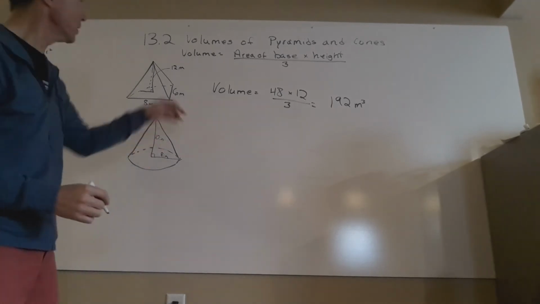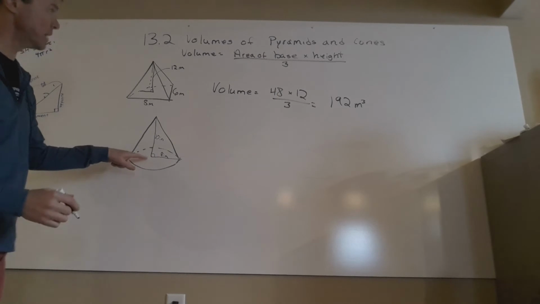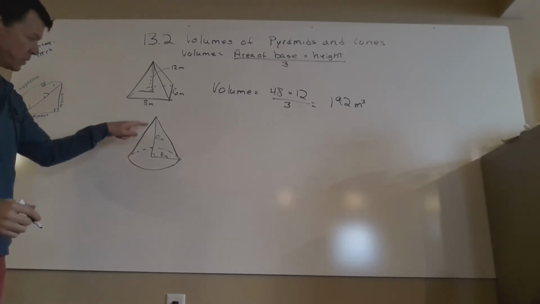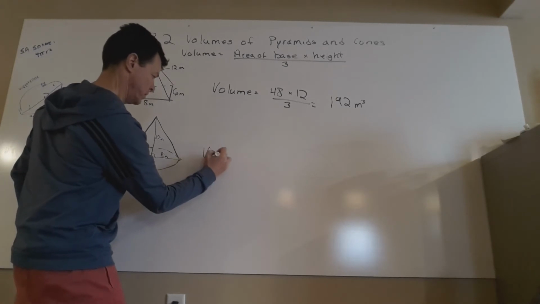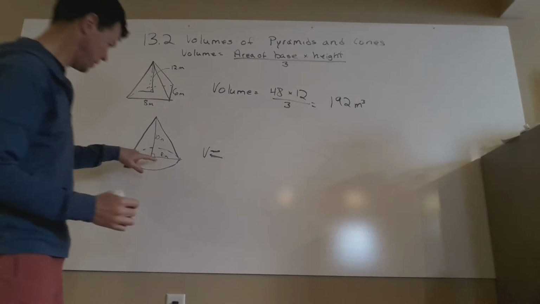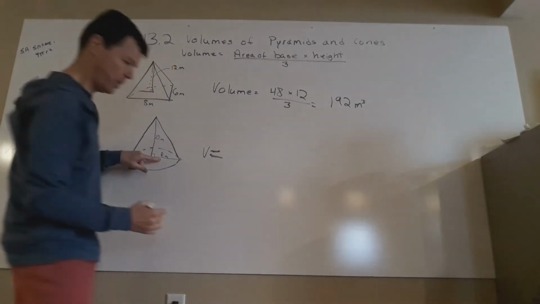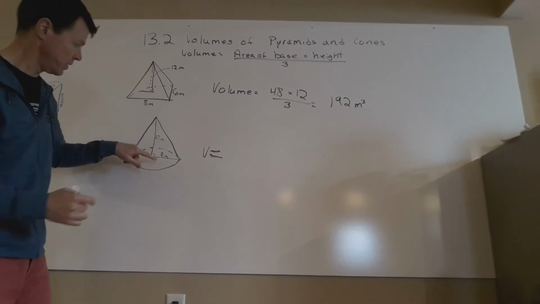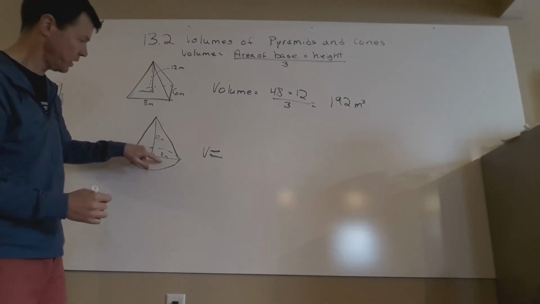So again, we're going to use our volume formula for the cone. It's area of the base times the height divided by 3. So volume equals, we got our radius, 8. And remember, area of a circle, if you don't remember what that is, it is pi times radius squared.